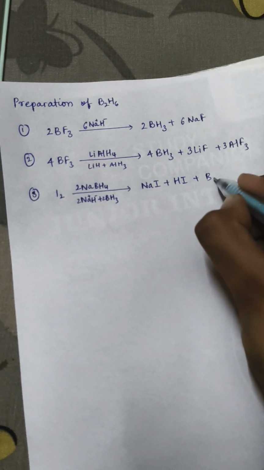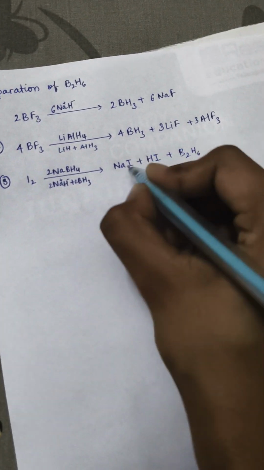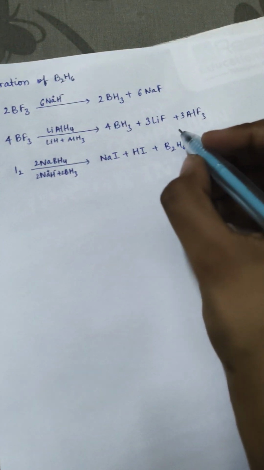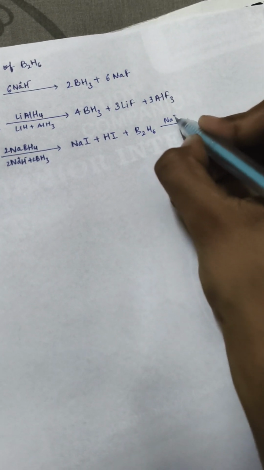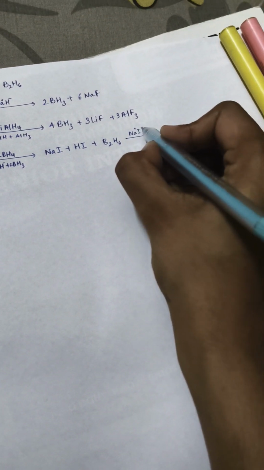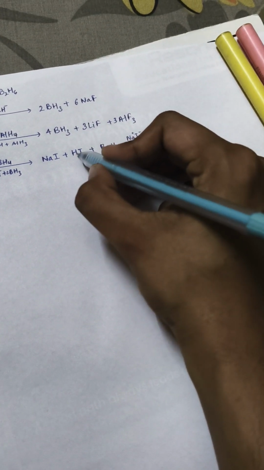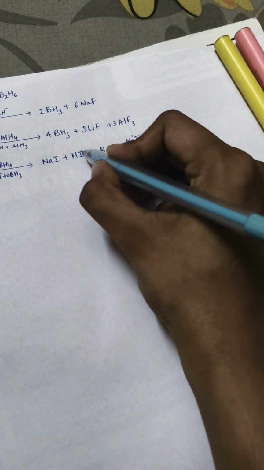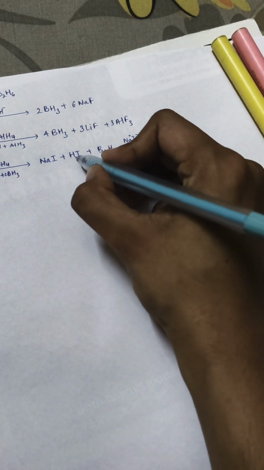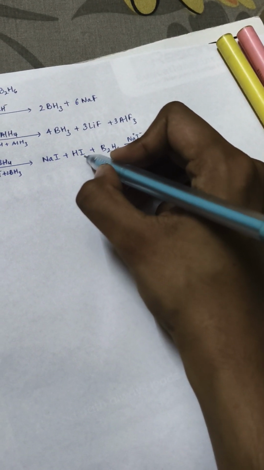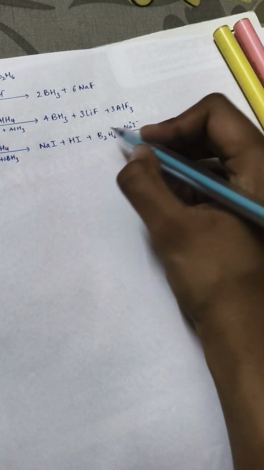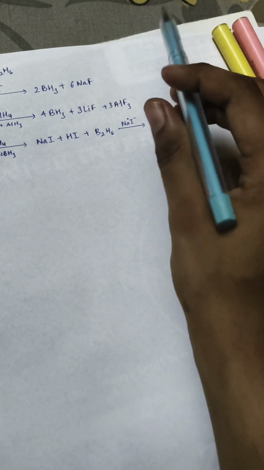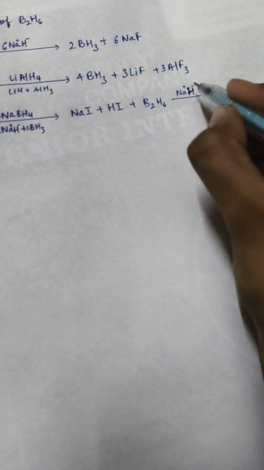And that will basically form B2H6. And we know that 1 more NaI is still left. So if we react this here, we know this is plus and this is minus. Na plus will react here with the I minus, and NaH will be there.